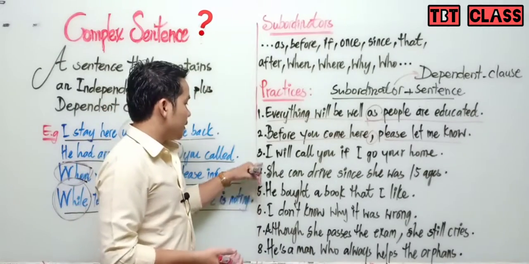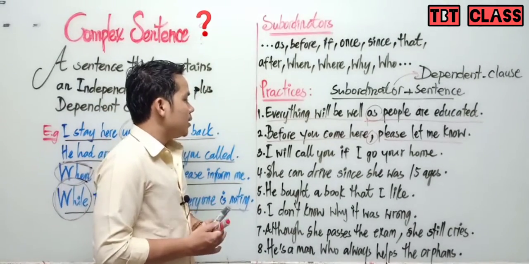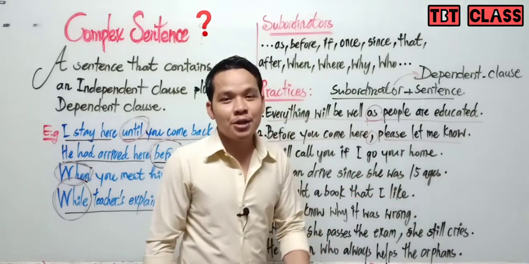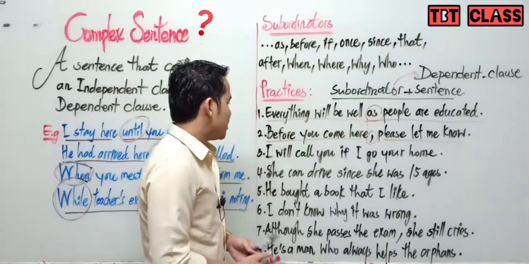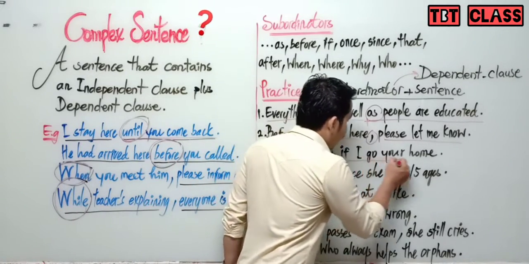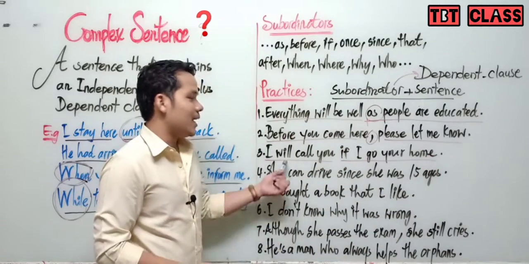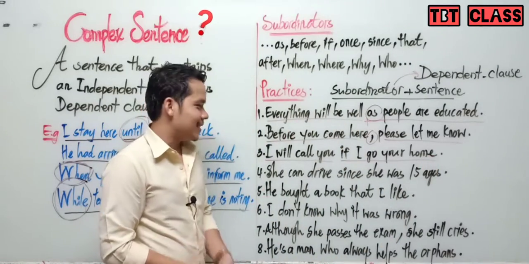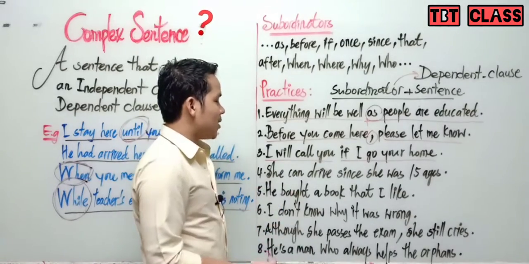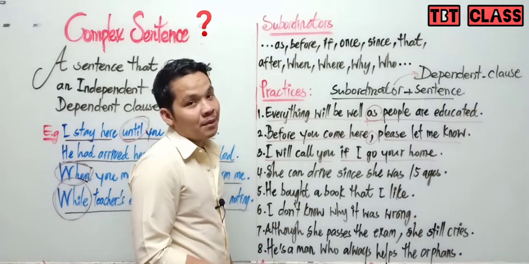Get it? Number 3: I will call you if I go to your home. This one is the independent clause, and from if, we call the dependent clause. So it is a complex sentence. Okay, number 4: She can drive since she was 15.